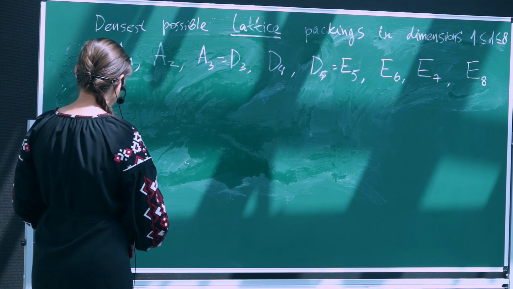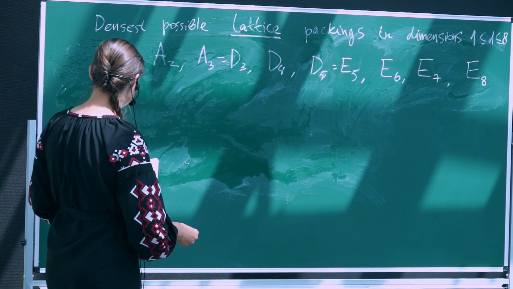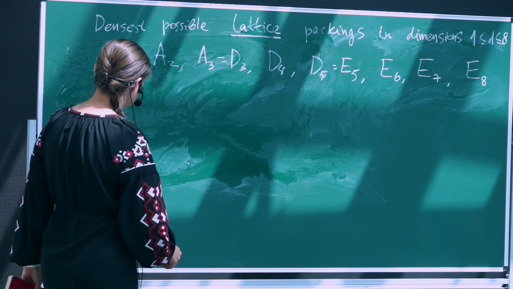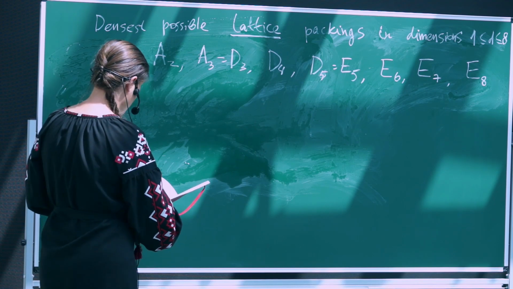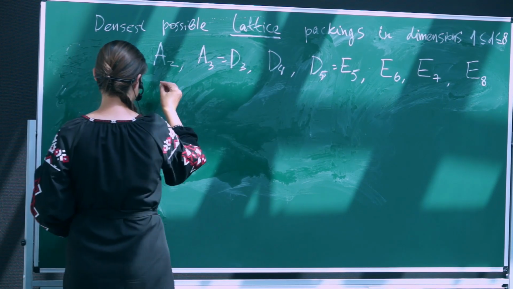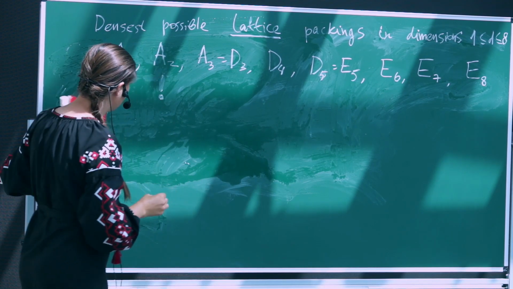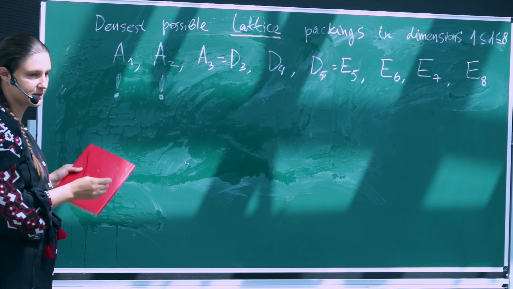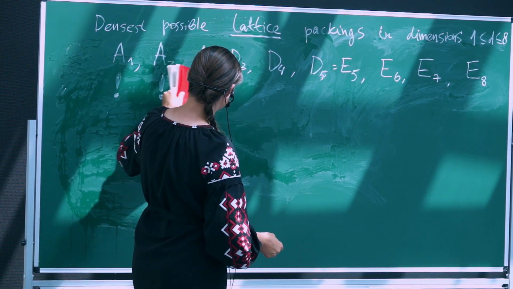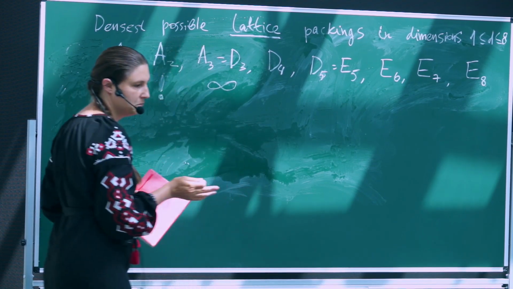Now if you want to consider not only lattice packings but all packings, then what was described in a paper of Conway and Sloane is that in dimension 1 this is the unique packing, in dimension 2 it is unique up to the technical difficulties that we discussed yesterday, and in dimension 3, as we have seen today, we have the lattice packing, but we also have infinitely many other packings.